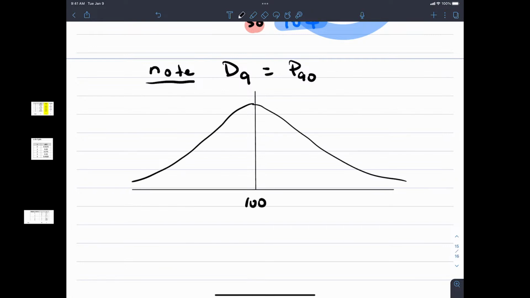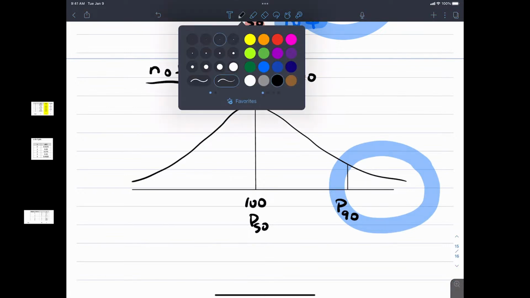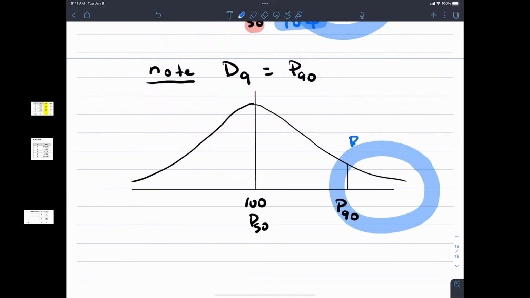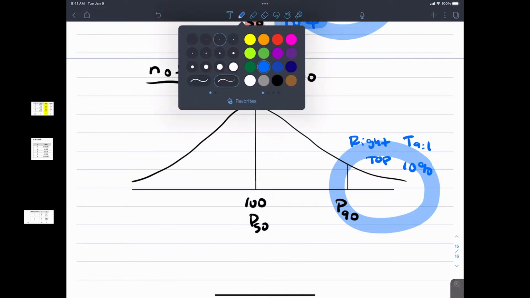If this is P90, remember this is also P50. P90 is to the right. And 90% of the values are below this number. But what does it mean in terms of the right tail? 10%. It's the top what? That's the same as the top 10%, and you already did that question.